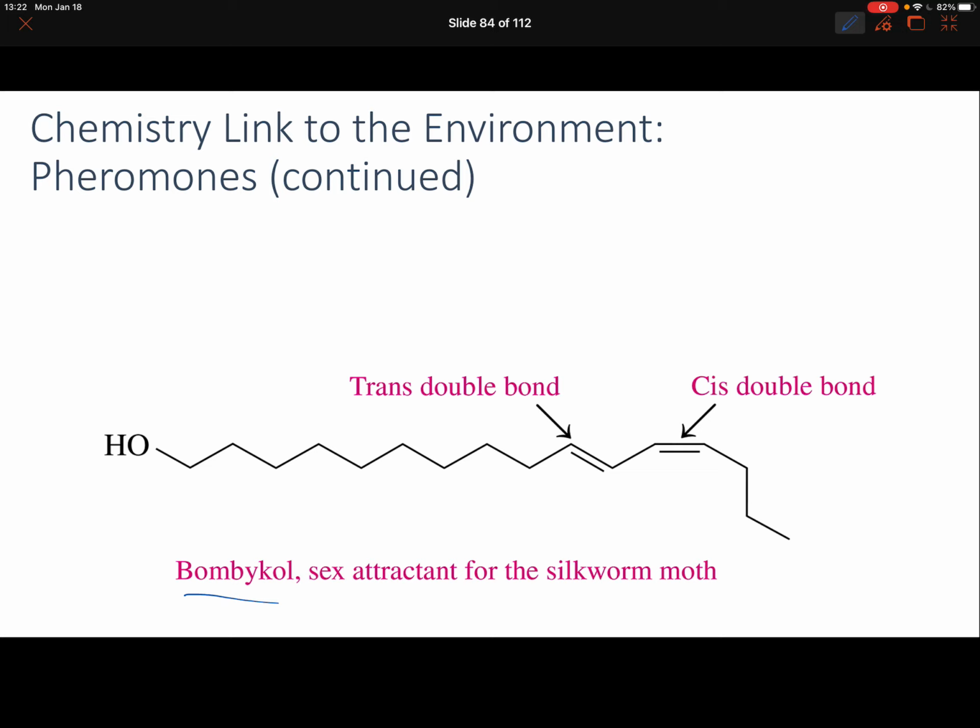So in this bombykol, it has one cis double bond and one trans double bond, and it has to have both of those to be effective. If it didn't have the cis and the trans, then it wouldn't do what it does. So it's very, very specific to the activity of the molecule. I thought that was really interesting.